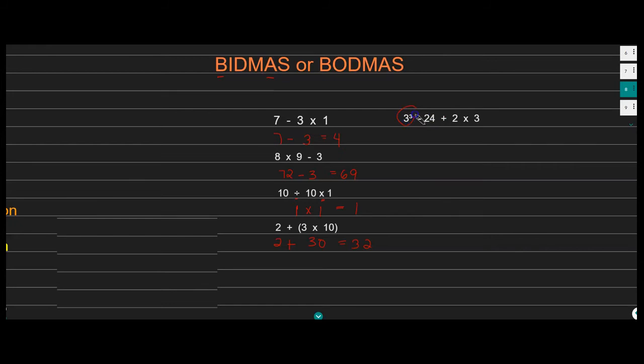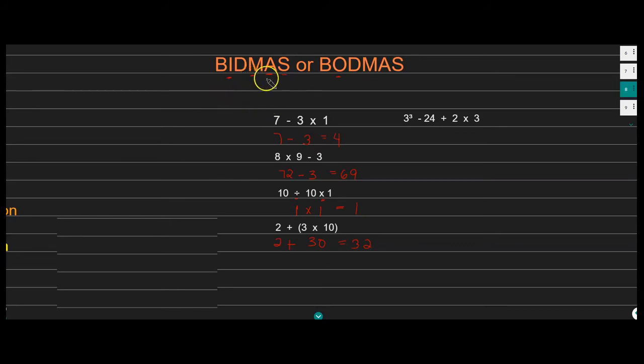We have an index, which is your I, or order as we have it for BODMAS. Then we have subtraction, addition, and multiplication.